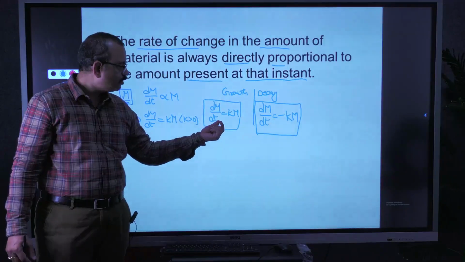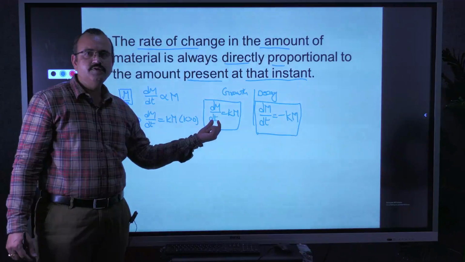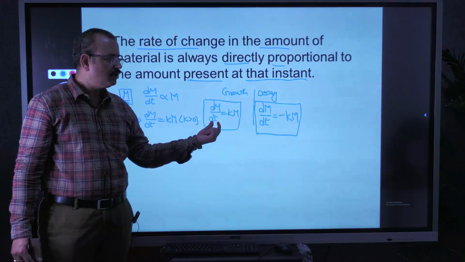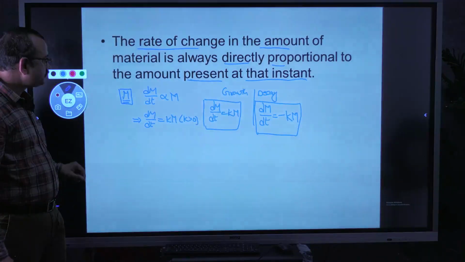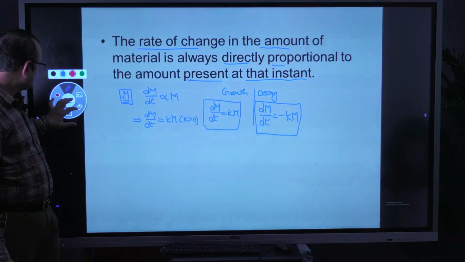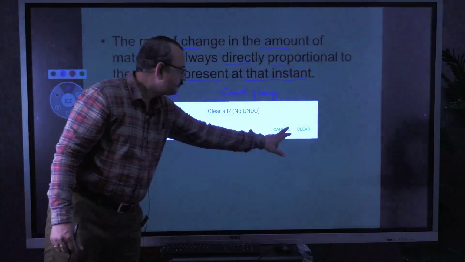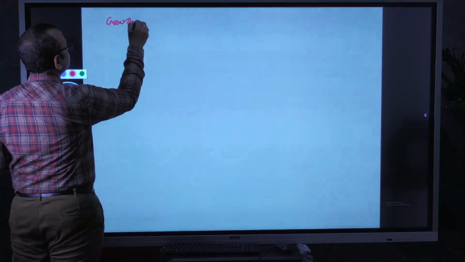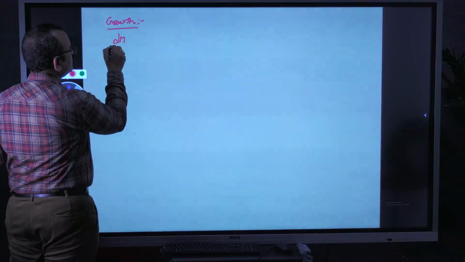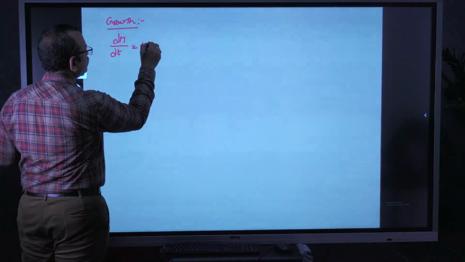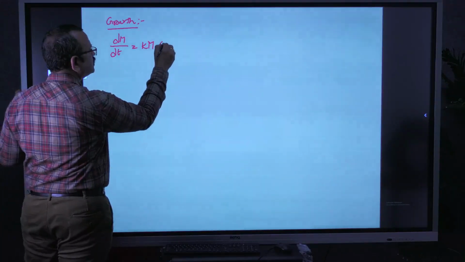Now we will try to solve this first order and first degree differential equation, and finally we will see what the formula is. From the previous slide we got dm by dt is equal to km, where k is the proportionality constant.